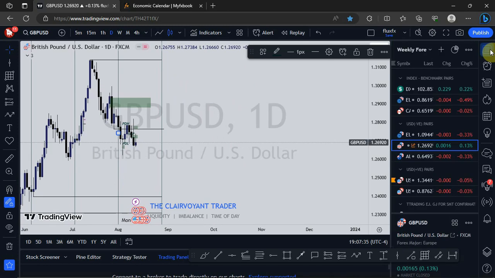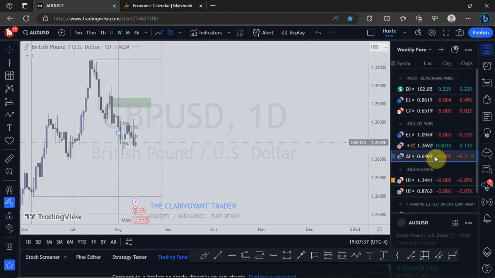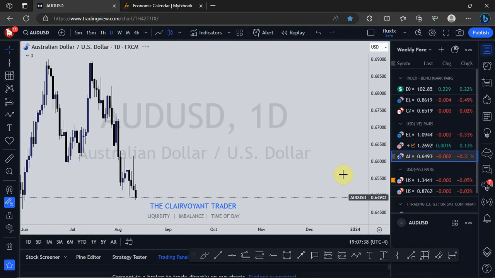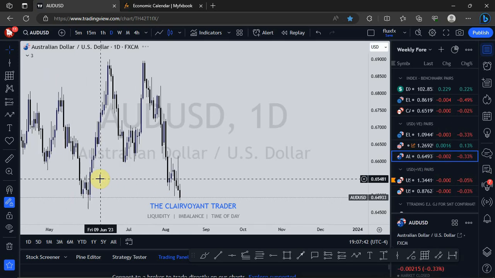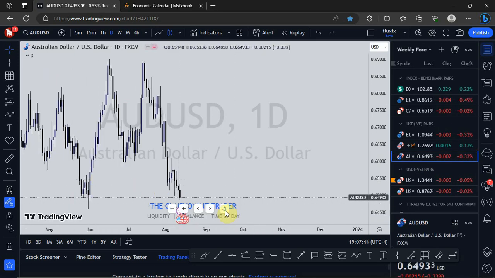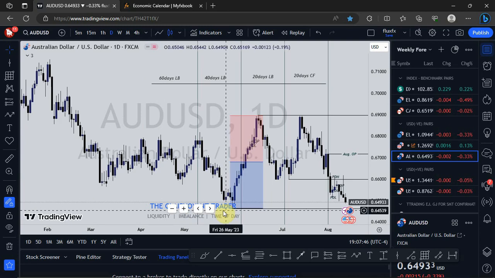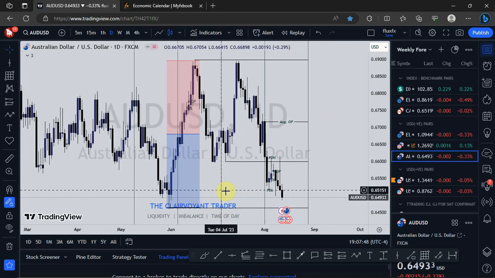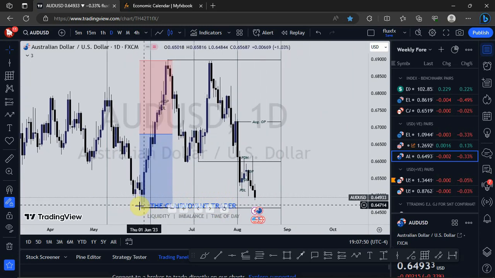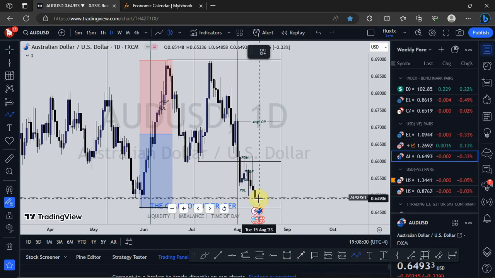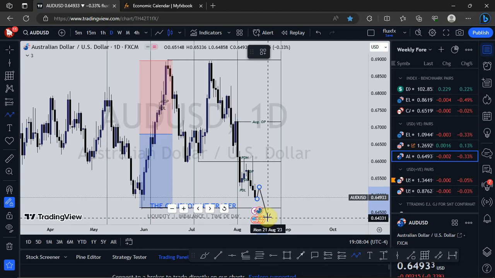Let's look at what is happening on AUDUSD. For AUDUSD, bullish dollar, definitely bearish on AUDUSD. So going into next week, I want to see this low, the previous 60-day low, attacked. You might see a little bit of a push to the upside, then you see price running to take out the previous 60-day low.